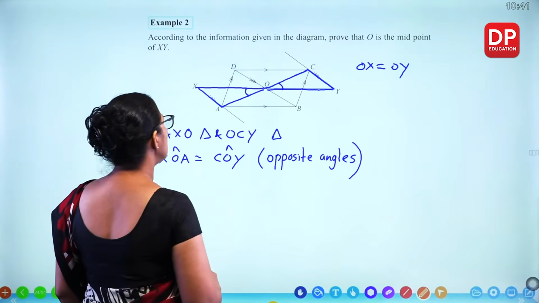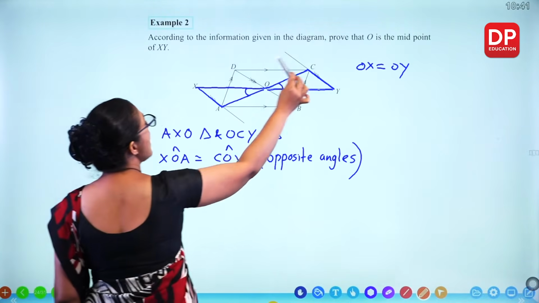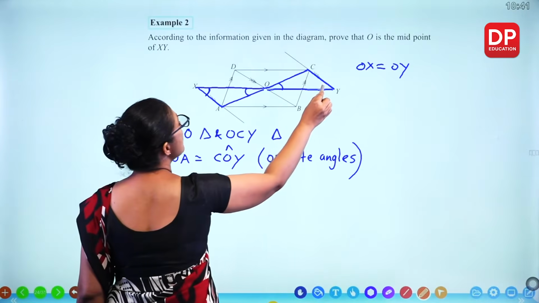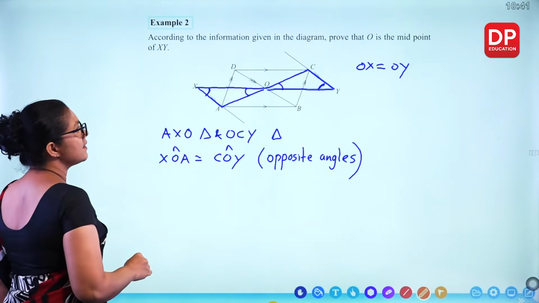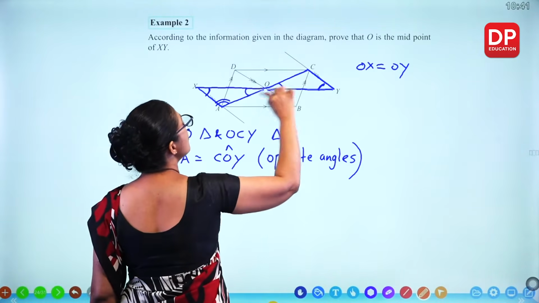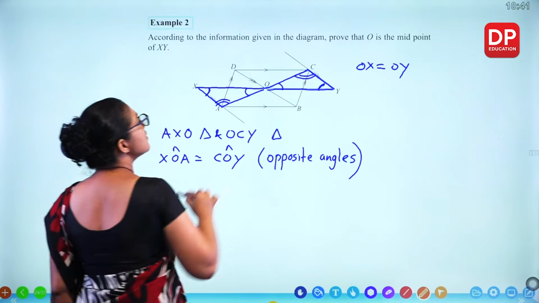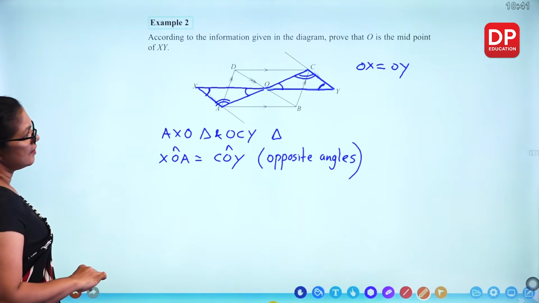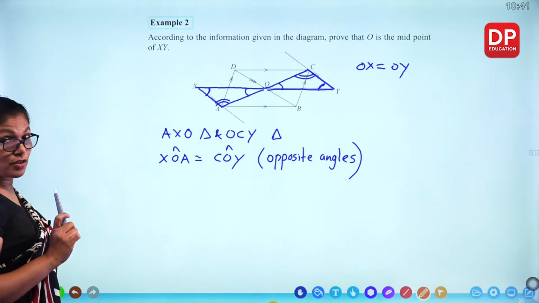And also, these two lines are parallel. This angle is equal to this angle. This one is equal to this one. And also, what you know?